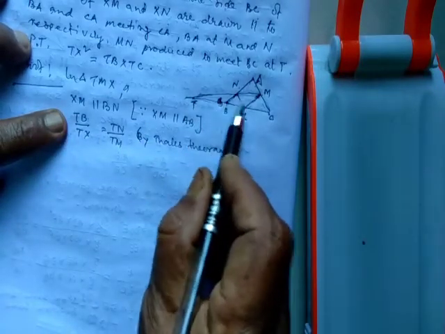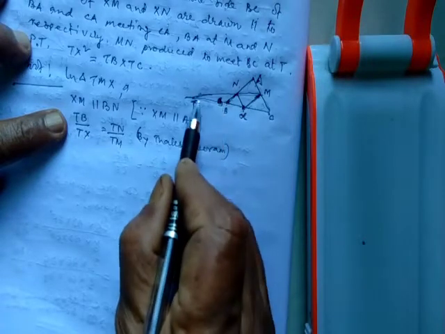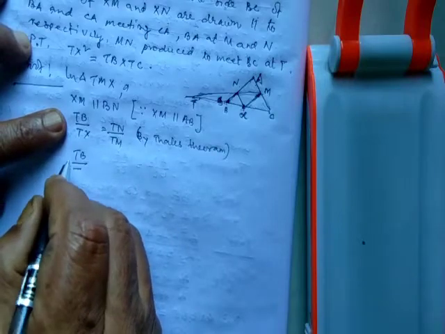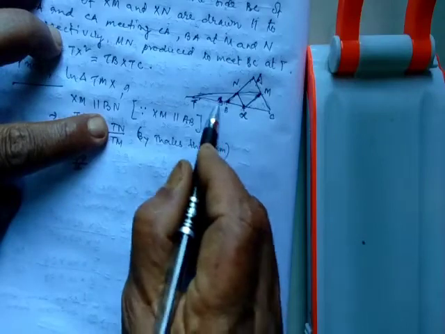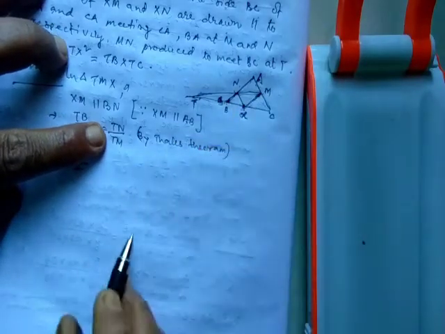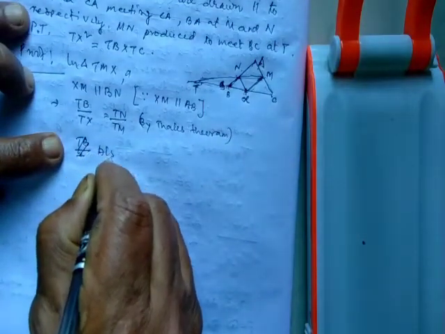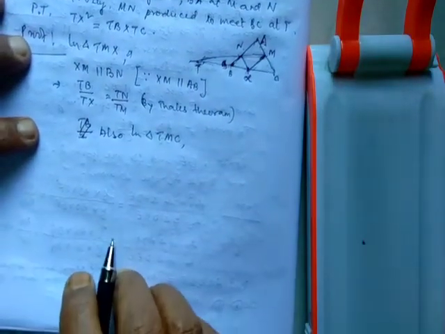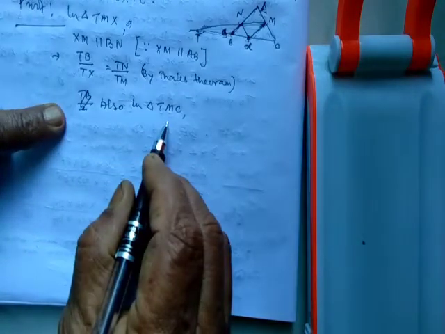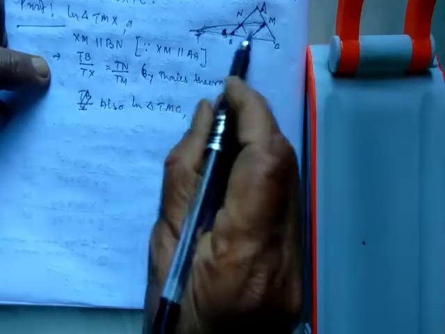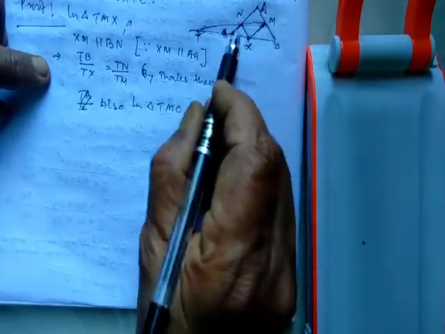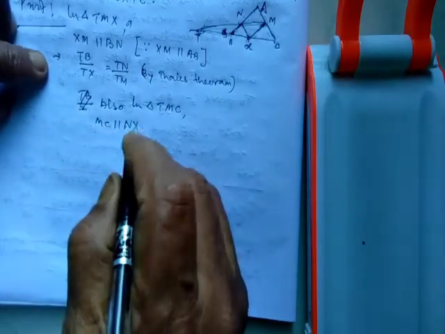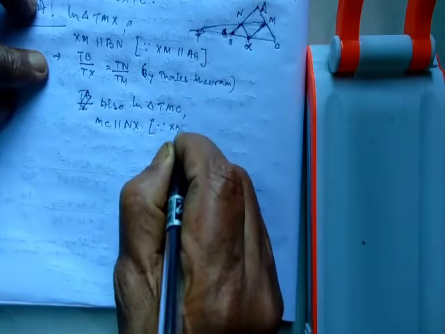TB, this is parallel to this. These two are parallel. Then TB by TX is equal to TN by TM. Also in triangle TMC, here you see MC is parallel to NX, given that XN is parallel to AC.